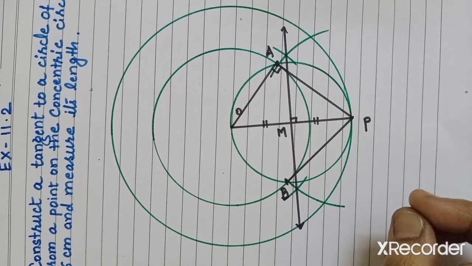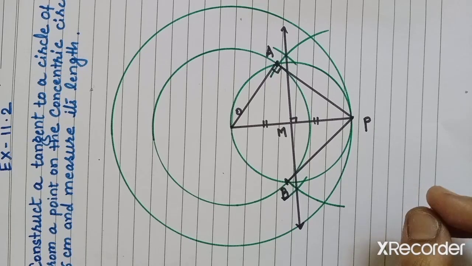Fourth point, join center and point P. Next point, draw the perpendicular bisector of segment OP. Next point, take point M as a center and OM distance as a radius. Draw a circle which will intersect the circle at two distinct points, say A and B, and join AP and PB. Right? So in this way you can write the steps of construction in your own words.